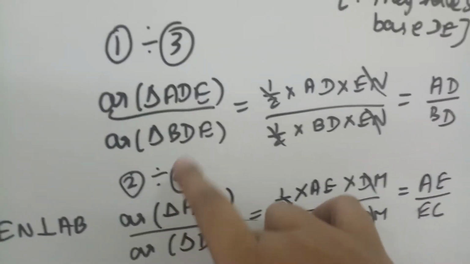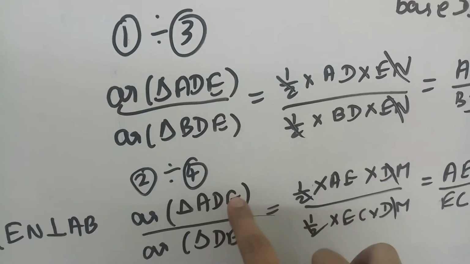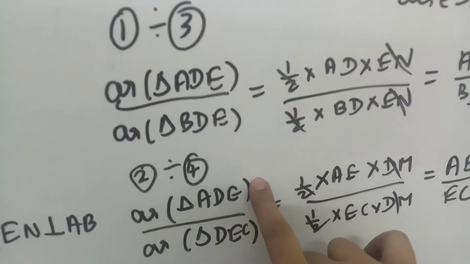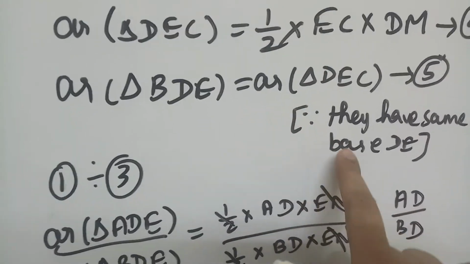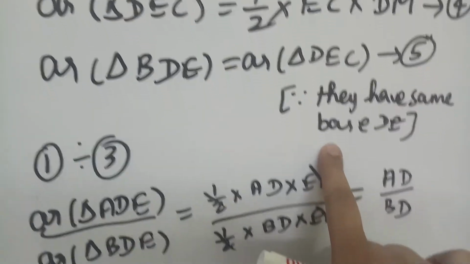So we know triangle ADE is the same, so the area remains the same, and BDE and DEC we have written it is equal because they have the same base.